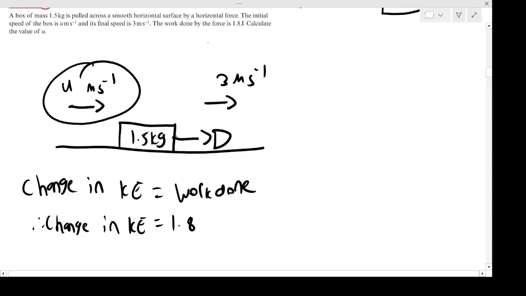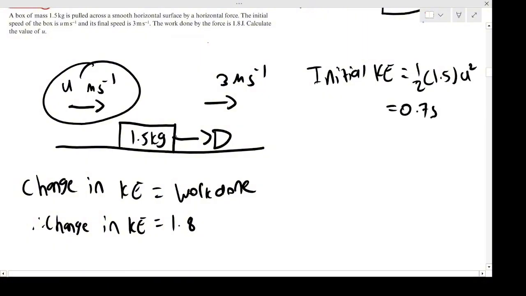The initial speed is u, so the initial kinetic energy is half of m, the mass is 1.5, times u squared. So half times 1.5 is 0.75 u squared.